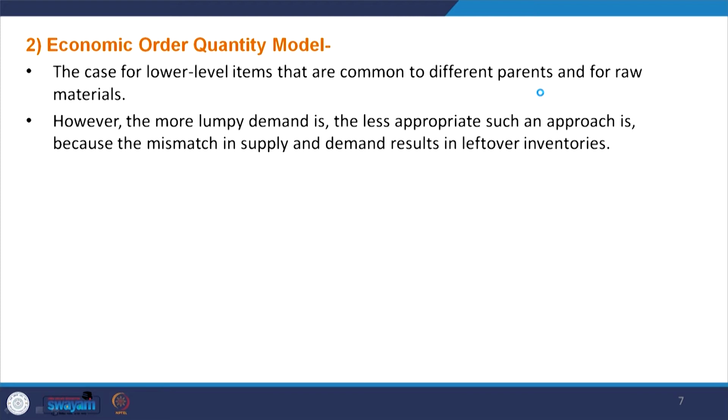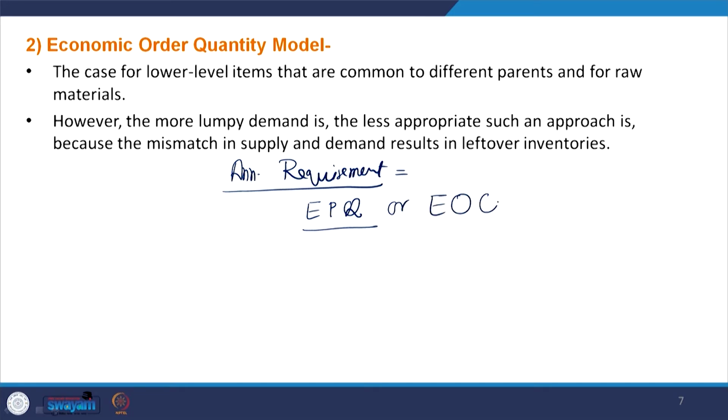Now, in this economic order quantity model, we have some annual requirement, and that annual requirement is divided in such a fashion that it is like EPQ, economic production quantity, or if you want to purchase, it becomes economic order quantity.